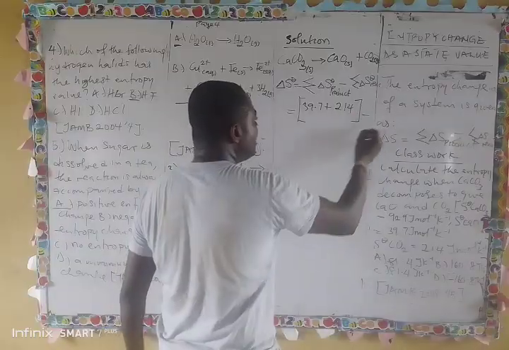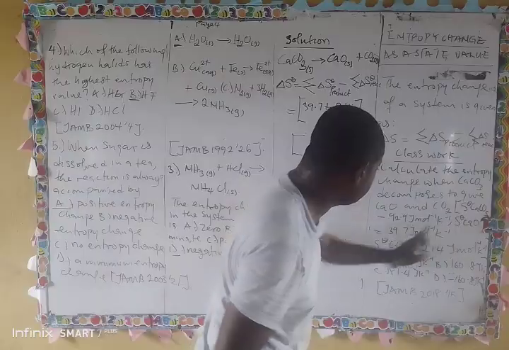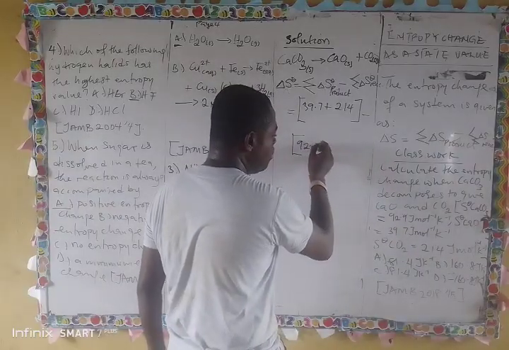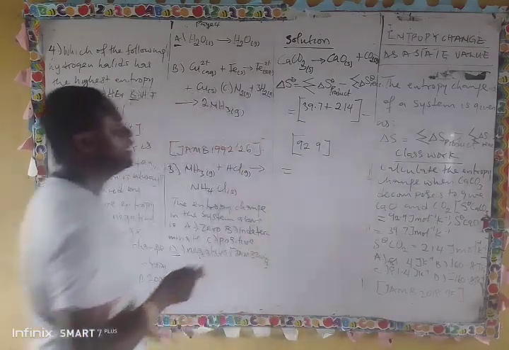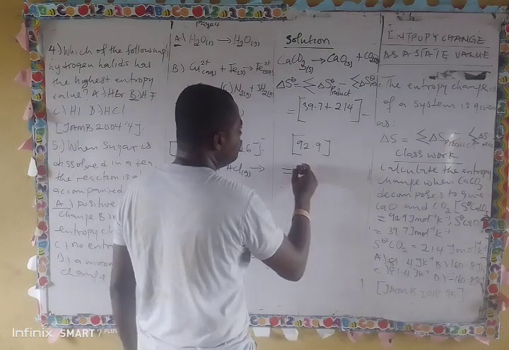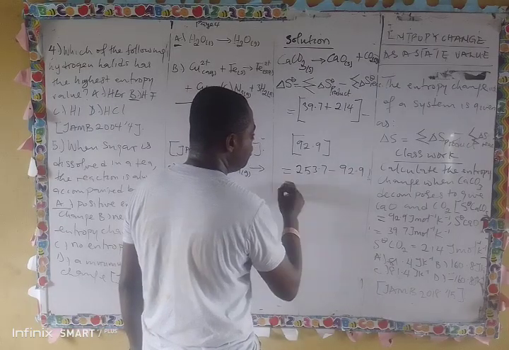Then minus the reactant, CaCO3, which is 92.9. Add up the two: 39.7 plus 214 is 253.7. Now minus 92.9. What is our answer?